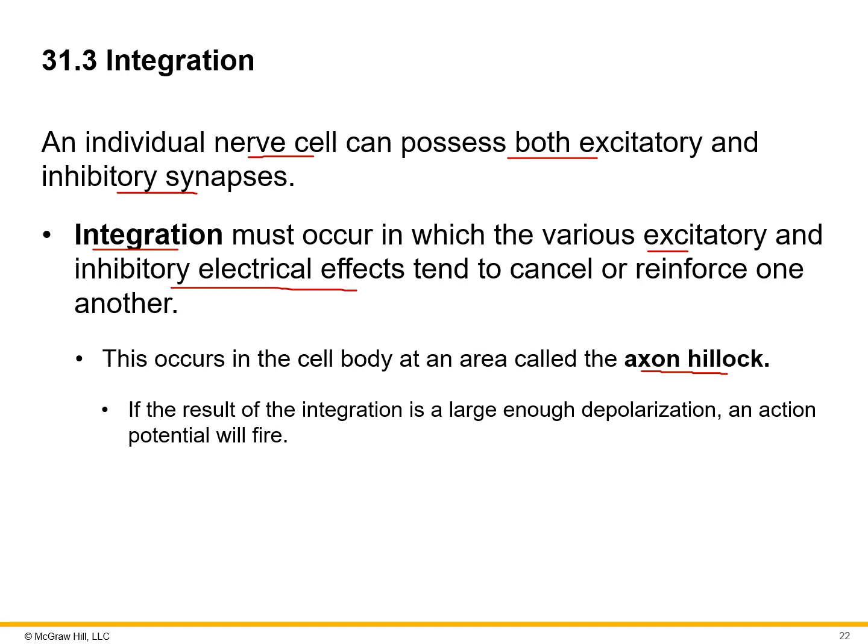That type of taking all the information in is done at the axon hillock. So if the excitatory wins out, it sends the action potential down the axon. If not, then it doesn't. Again, there's a threshold. That depolarization, that change in the resting membrane potential, has to be big enough that an action potential actually gets fired.